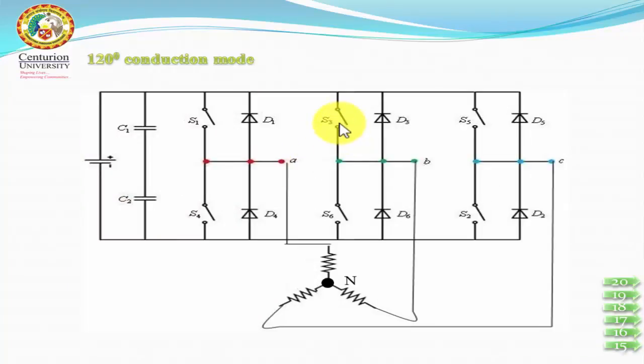So mode 4, 3, 4. When 3, 4 is conducting, S3 is here, so B is connected to the positive, and S4 is here, so A is connected to the negative. So A and B are there, and CN will be going to 0.